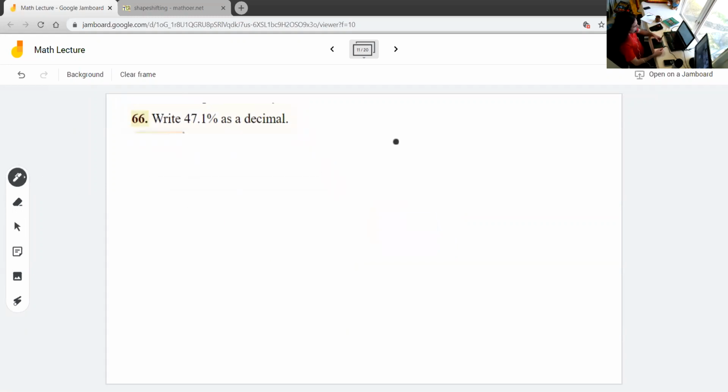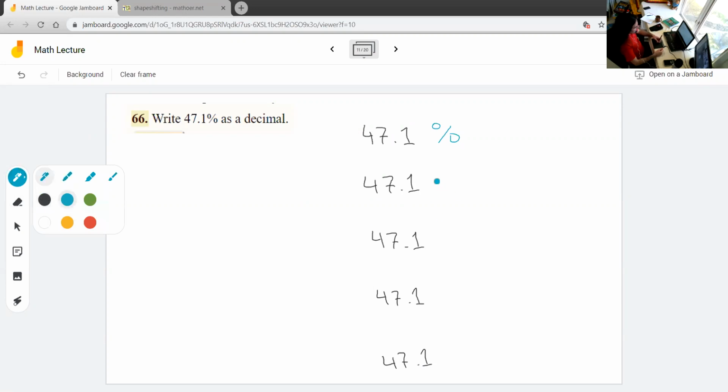So I could do that with 47.1, and instead of the percent, I could say that the percent means divided by 100. I could do 2 decimal point scoots. I could put it over 100, or I could do times 1 over 100.